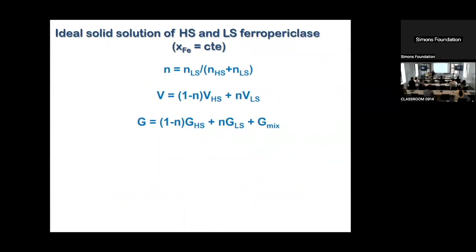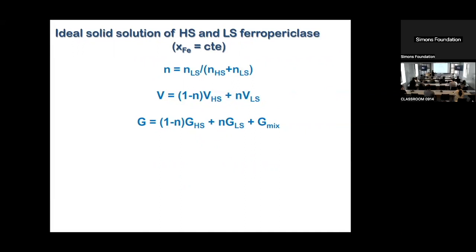There's some pressure range where you have some ions, in my mind, in the low spin state and some ions in the high spin state. How do you deal with that? Well, you make a solid solution of 2 solid solutions. One is the high spin ferropericlase and the other is the low spin ferropericlase. And you have mole fractions, or low spin fractions, n.